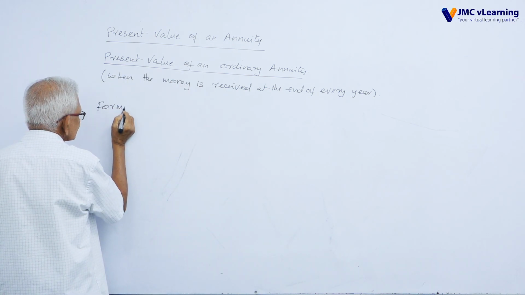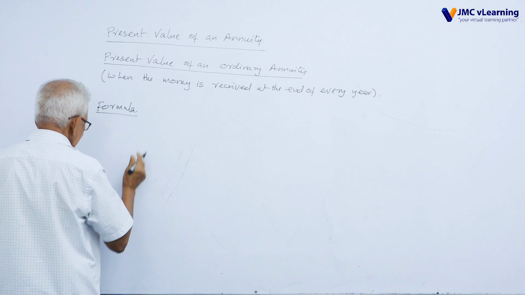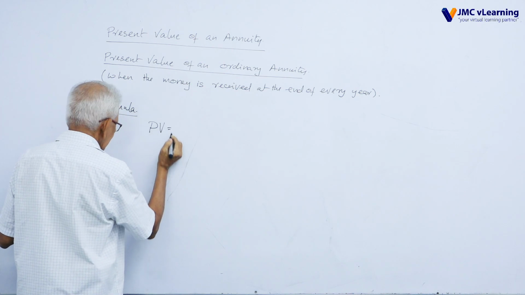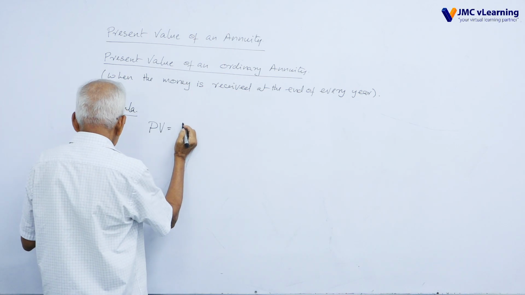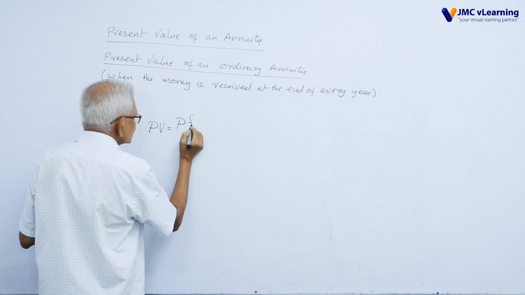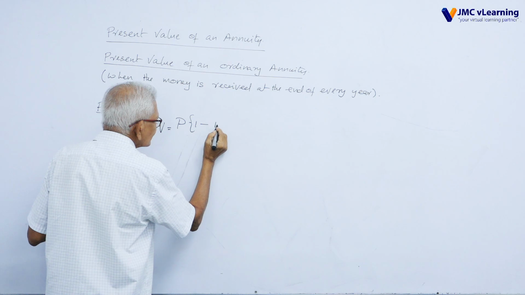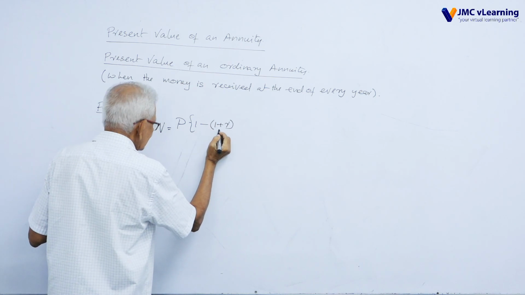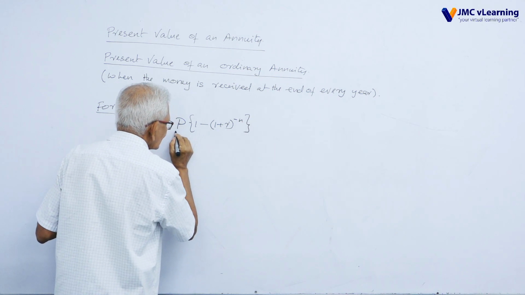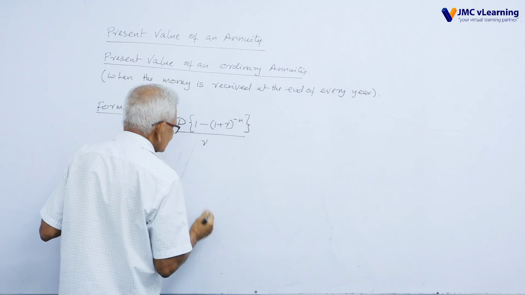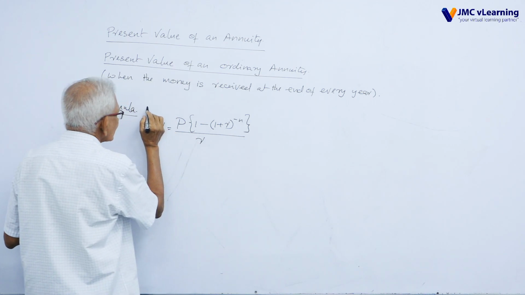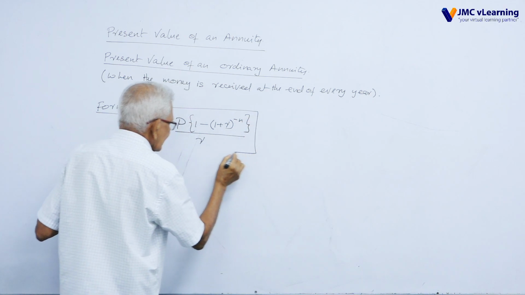Formula: PV equal P, 1 minus 1 plus R to the power minus N, over R. To the power minus is there, right?